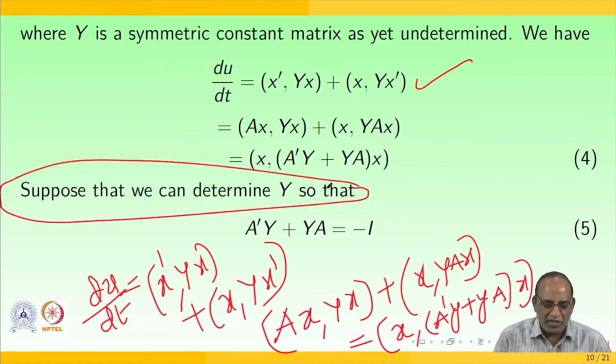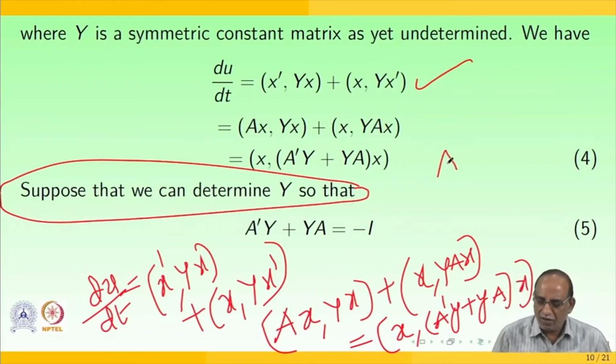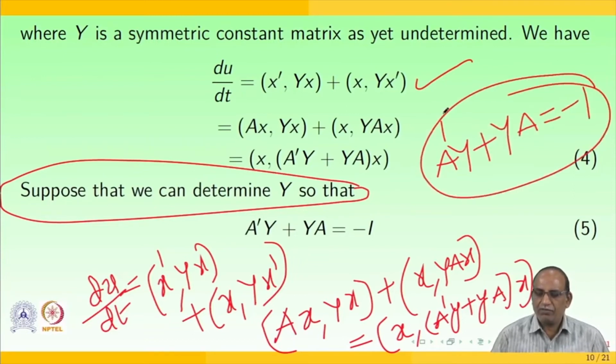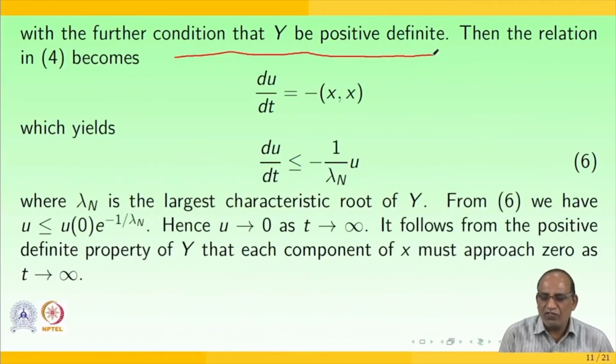Essentially you get Y determined, that means A'Y + YA = -I, with the further condition that Y is positive definite.